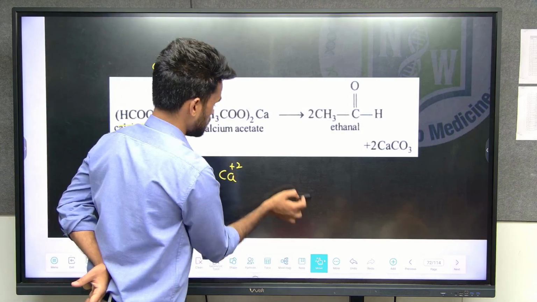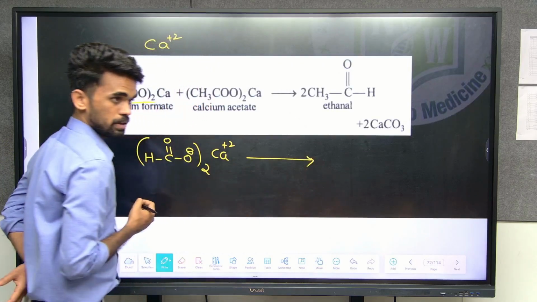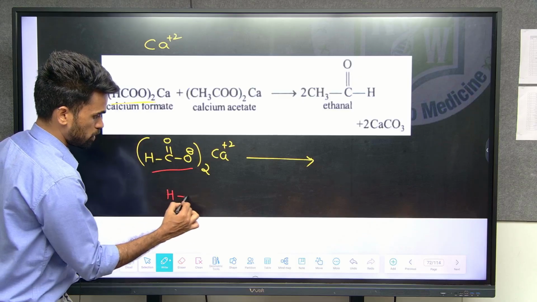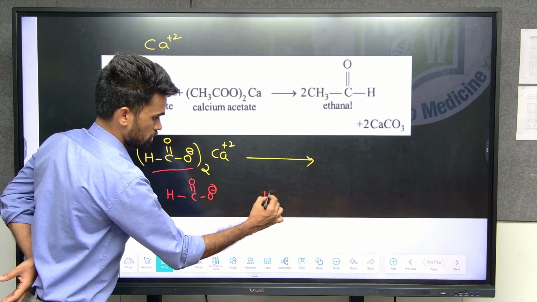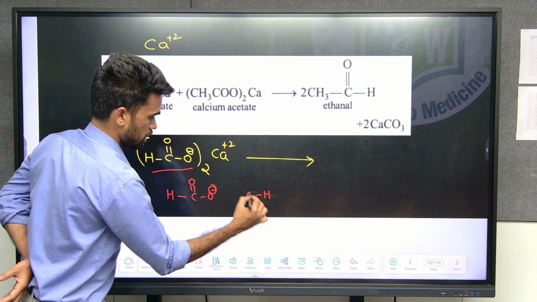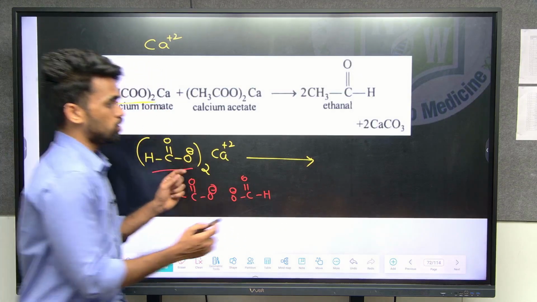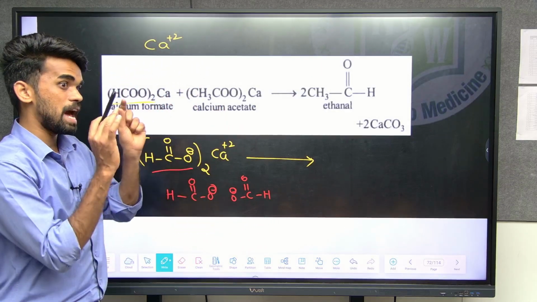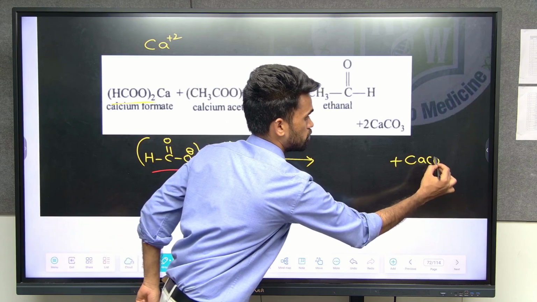Now just imagine you have only this one and you are doing distillation here. Now what happens? From the carboxylic acid, you just write 2 parts, HCOO minus, one more also. We know the well-known compound of calcium with carbon dioxide is calcium carbonate. So what is the byproduct you are going to get? Calcium carbonate.